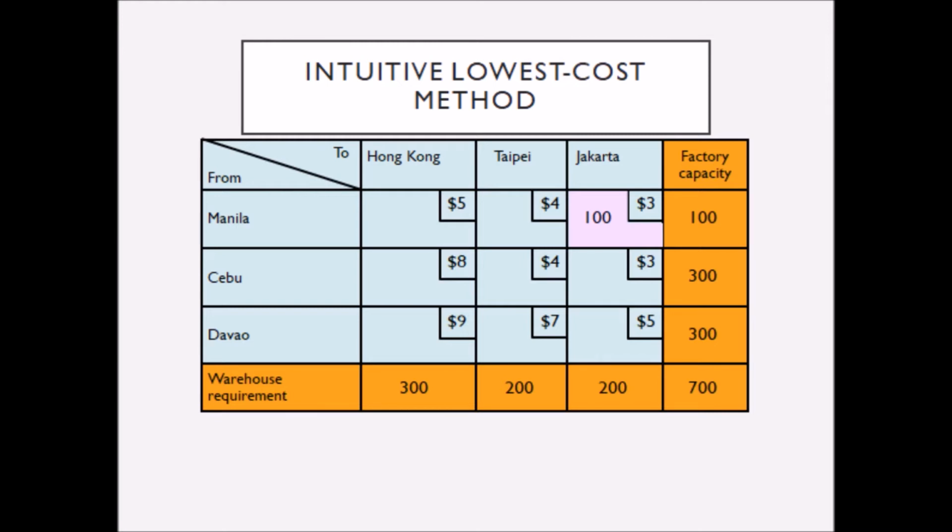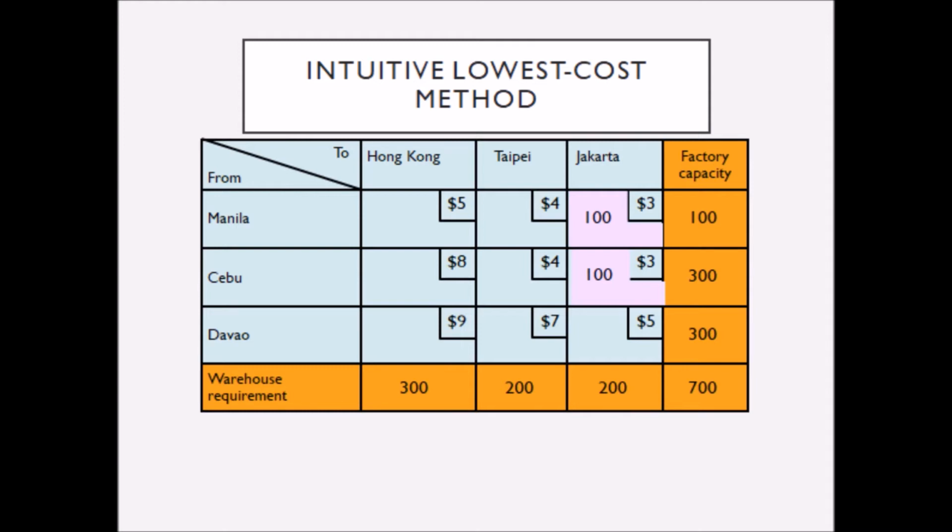Now let's look at the next lowest cost, which, as we mentioned a while ago, is Cebu to Jakarta. Cebu will now fill the remaining demand for the Jakarta segment. So we put 100 units between Cebu and Jakarta to meet the demand of Jakarta. That gives Cebu only 200 units of supply for other locations. We continue the process by looking for the next lowest cost, and we have $4.